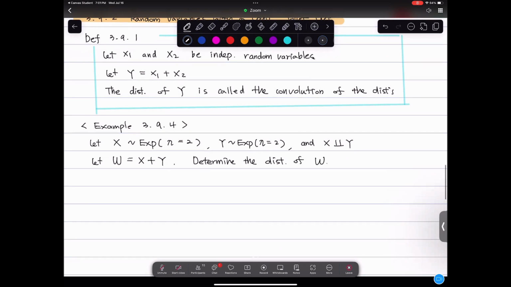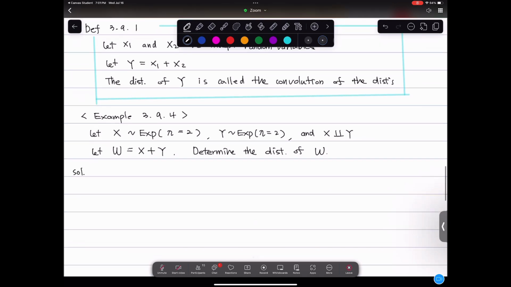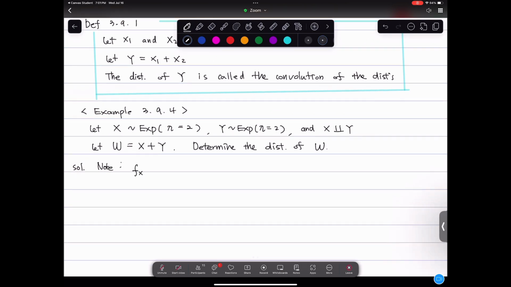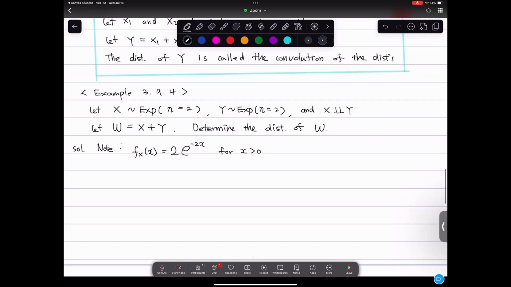All right, let's get ahead. Let's note that X is exponential, which means f of x with lambda 2 is 2 e to the negative 2x, for x greater than 0. The same thing for f of y, exactly the same expression except the variable is y, for y greater than 0.